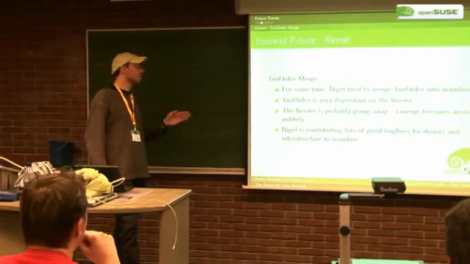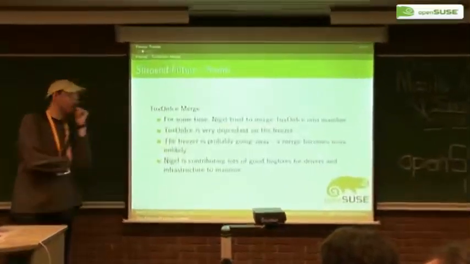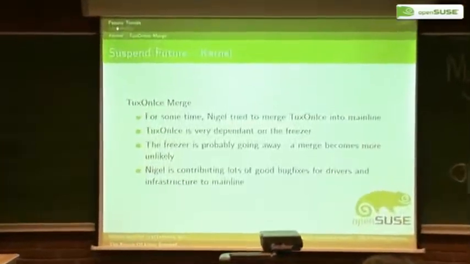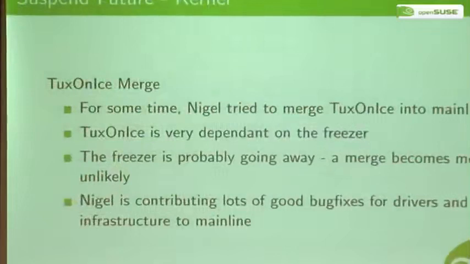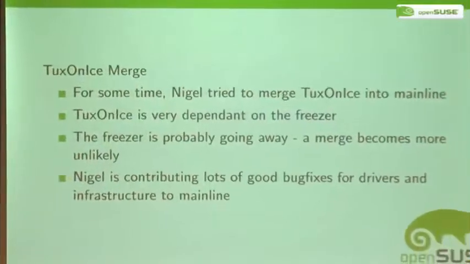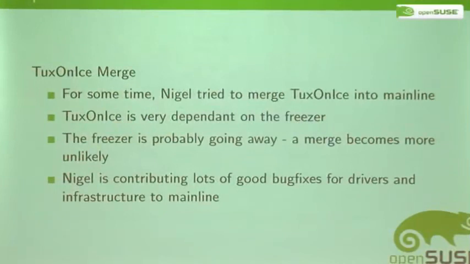Then there's the question, will there be a merge for suspend to RAM, for suspend 2? And Nigel did some efforts around a year ago or 2 years ago. He wanted to merge suspend 2 into the mainstream kernel because maintaining a patch outside of the 2.6 mainstream kernel is a pain in the ass because it changes so fast.